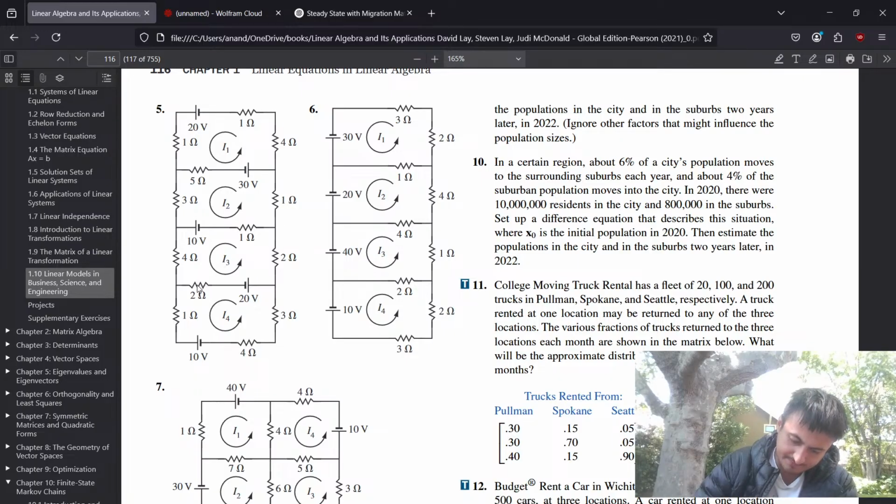Then we're going to get 0, minus 1, 9, minus 2. 0, 0, minus 2, 10 is equal to 50, minus 40, 30, minus 30.